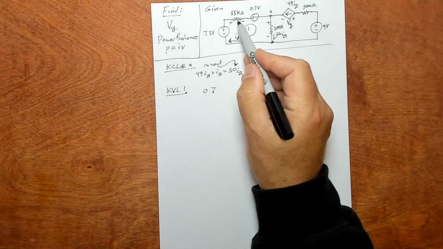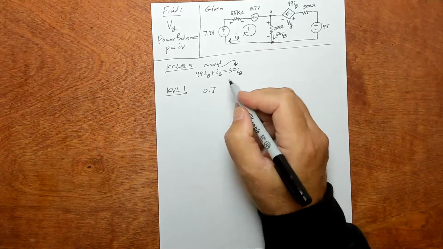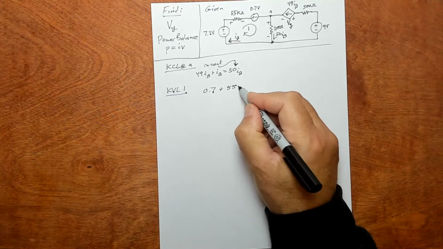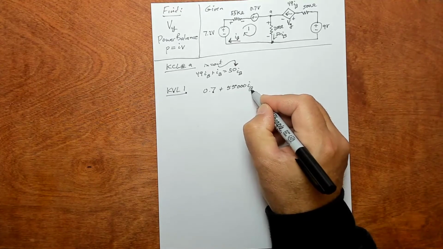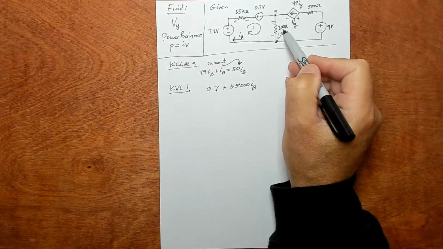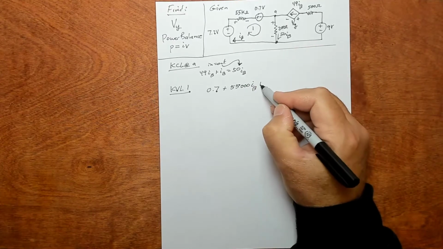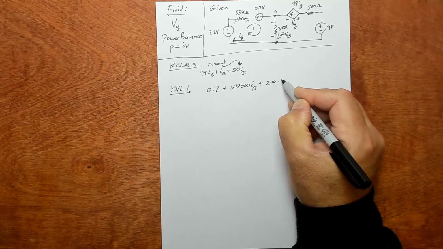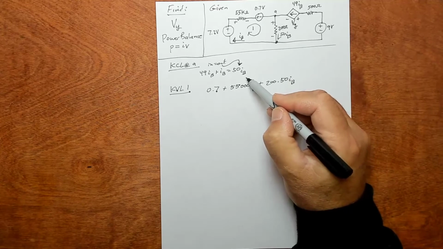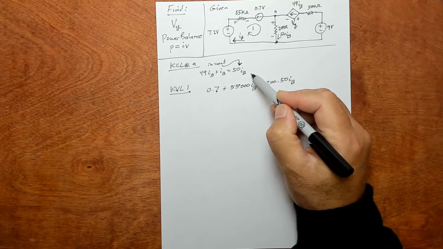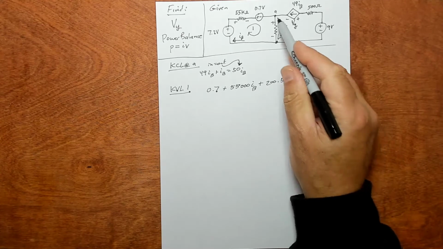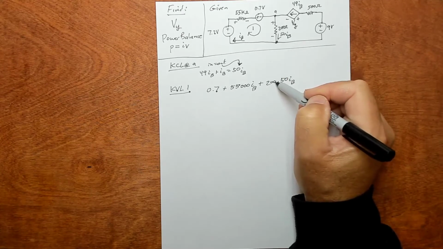Okay, so this voltage right here by Ohm's law is 55,000 I beta, and it's positive because I'm coming into the positive terminal. This one right here by Ohm's law is 200 times 50 I beta. We're doing Ri: the I through here is 50 I beta, and the R is 200.